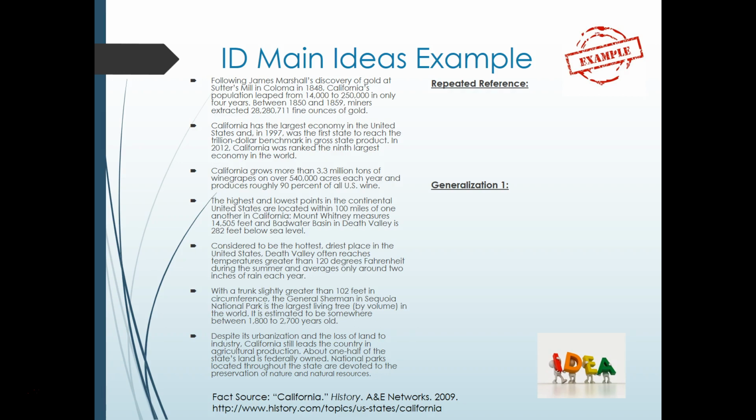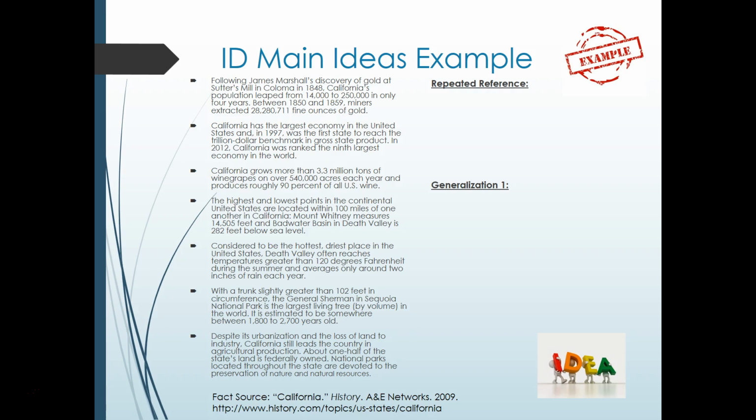It is estimated to be somewhere between 1,800 to 2,700 years old. Despite its urbanization and the loss of land to industry, California still leads the country in agricultural production. About 1/2 of the state's land is federally owned. National parks located throughout the state are devoted to the preservation of nature and natural resources."